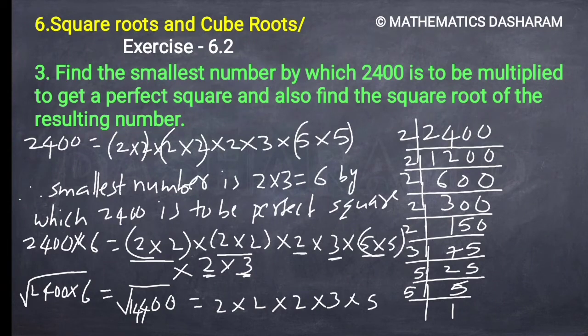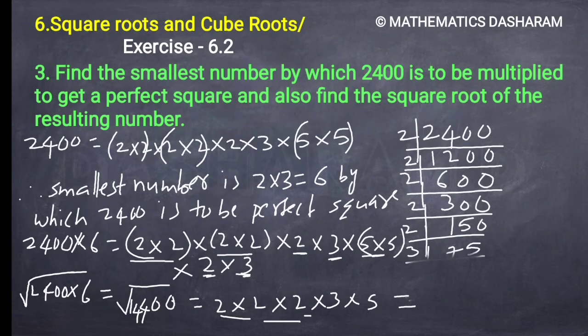So it is equal to what? 2 twos are 4, 4 twos are 8, 8 threes are 24, 24 into 5: 5 fours are 20, carry 2, 5 twos are 10, 12. So 120. So the answer is 120.